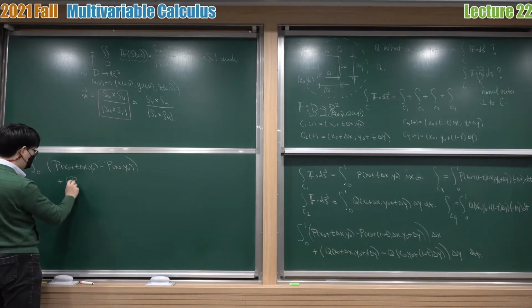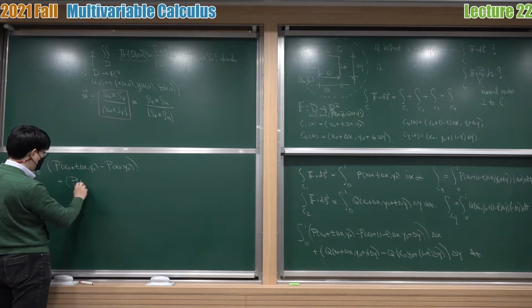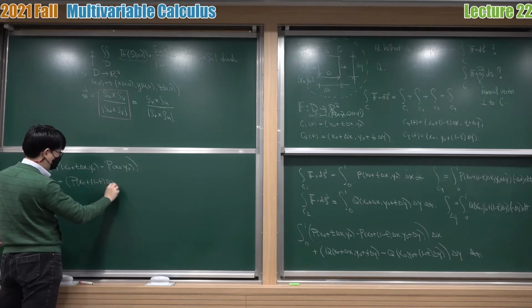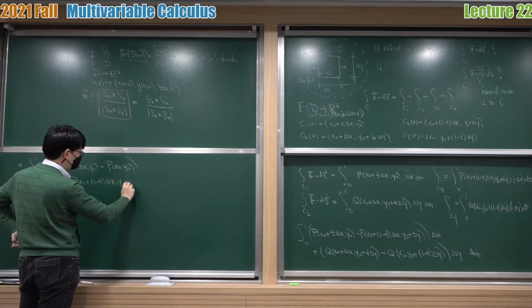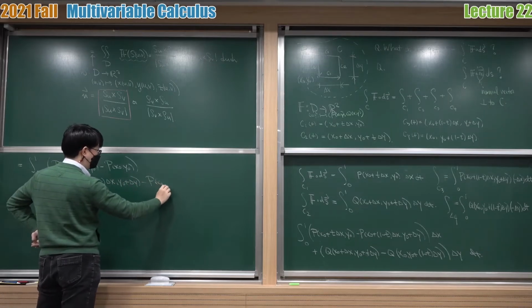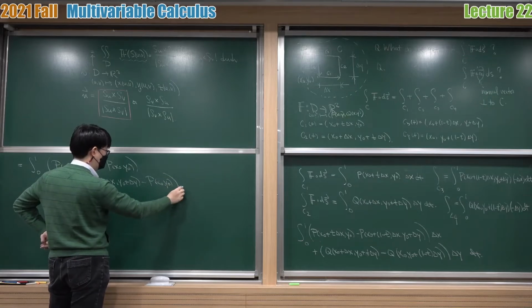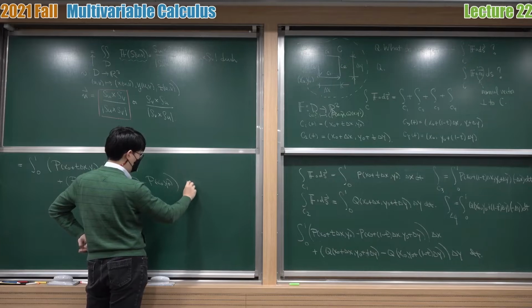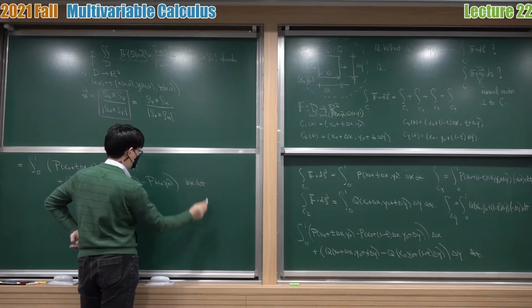So that's going to be combined to P(x0 plus t delta x, y0 plus delta y) minus P(x0, y0), and then delta x dt.